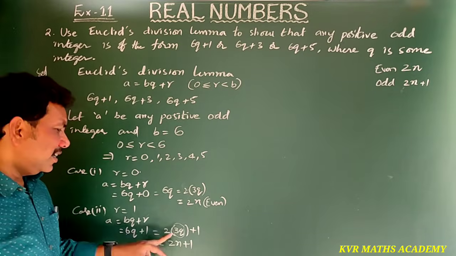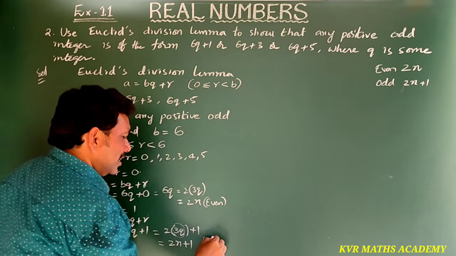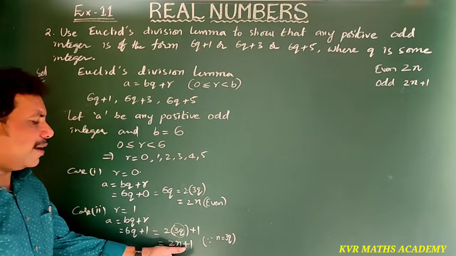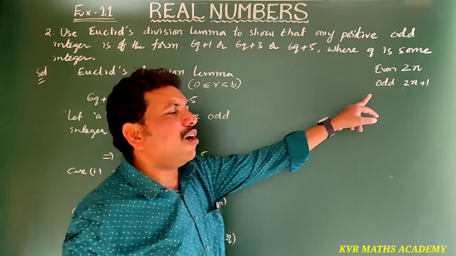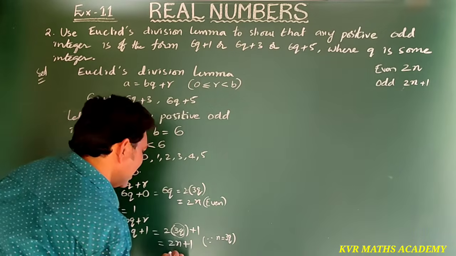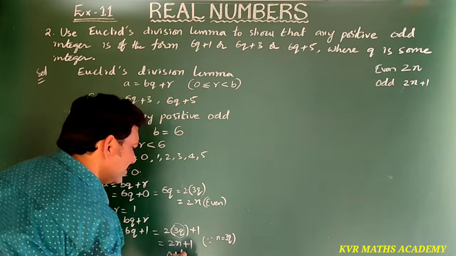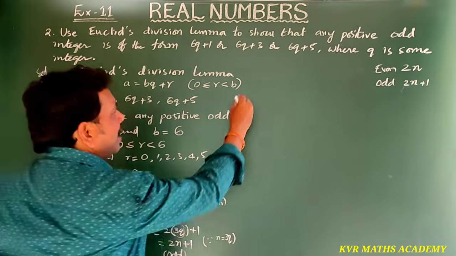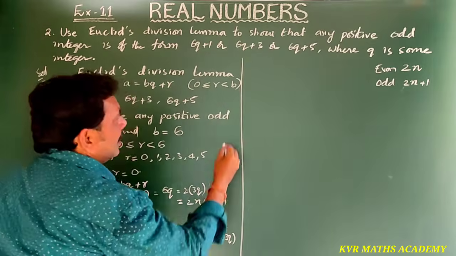Since n is equal to 3q, 2n plus 1 is in the form of an odd integer. So this is odd only. Next, in the same way, case 3.